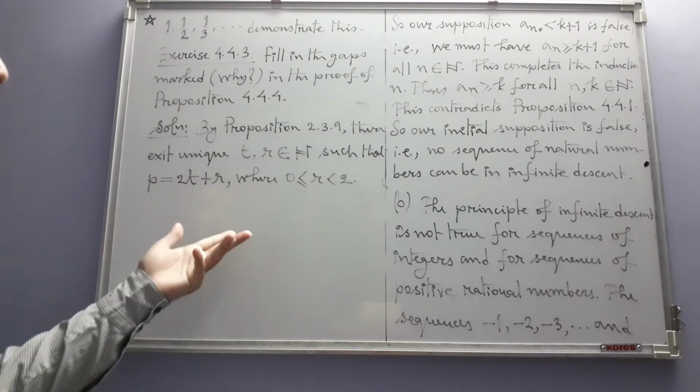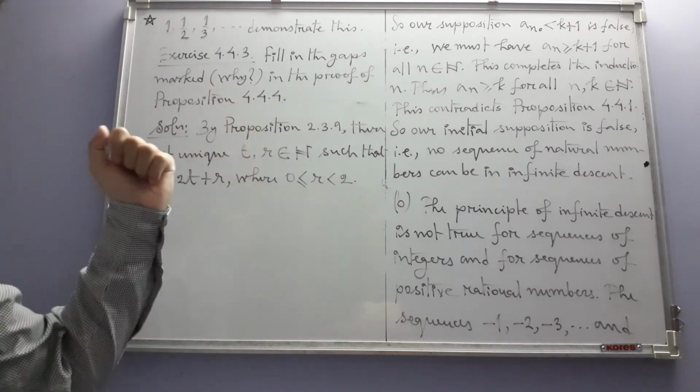This p is the p that we have in the proof of this proposition. Okay.